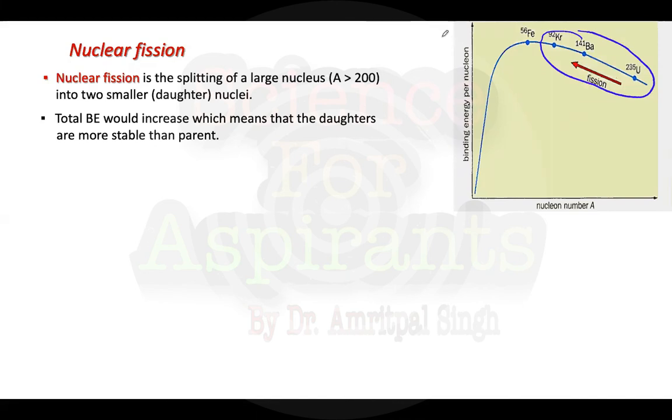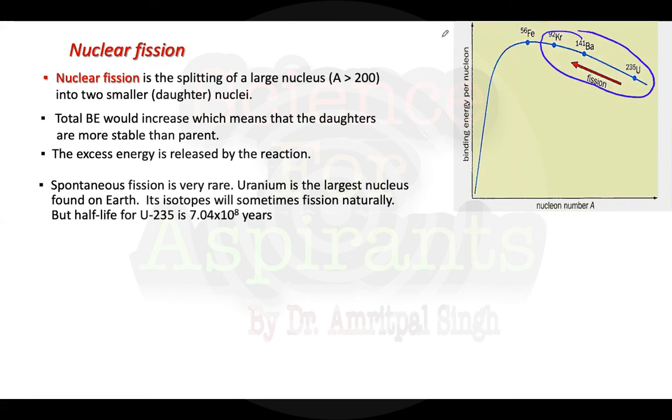The binding energy would increase, which means that the daughter nuclei which are formed are more stable than the parent nucleus. The excess energy released by this reaction is carried by the fission fragments and the neutrons which come out.